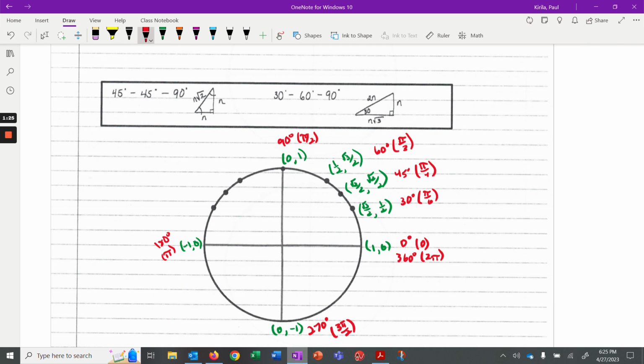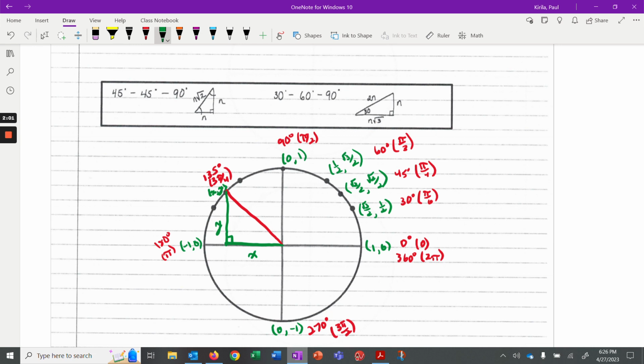The way we move into other quadrants is we take this same idea. If, for example, I wanted to look at 135 degrees or 3 pi over 4 radians, here is my angle. When I make my right triangle with the x-axis, here's x, here's y.